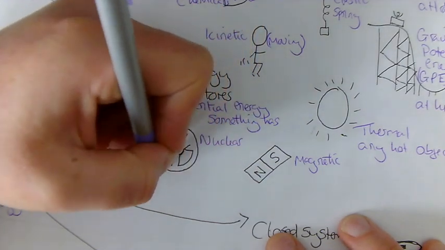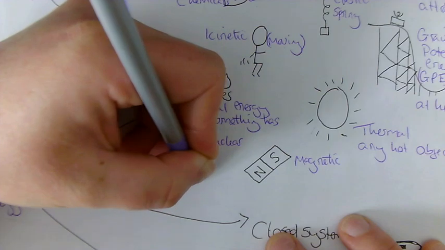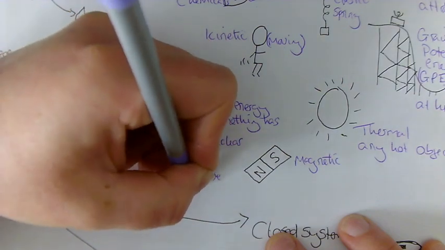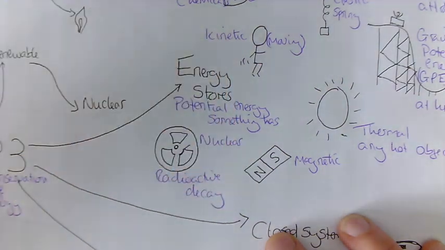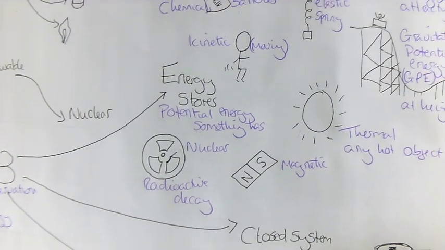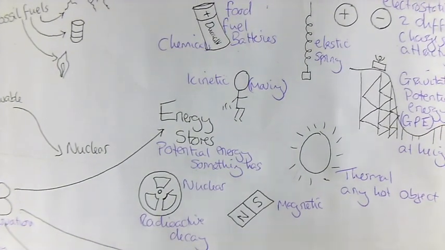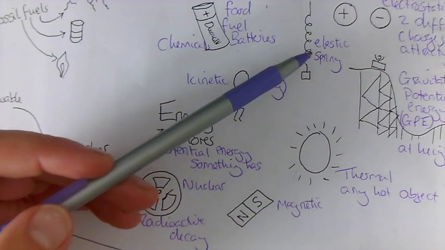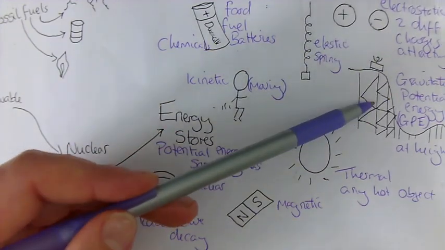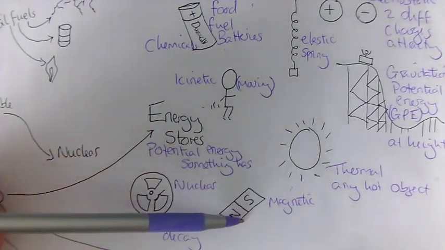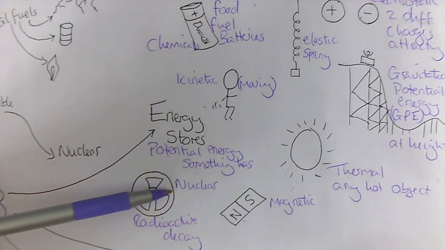So that's otherwise known as radioactive decay. So those are our energy stores. Okay, so we've got chemical, kinetic, elastic, electrostatic, gravitational potential energy, thermal, magnetic, and nuclear.